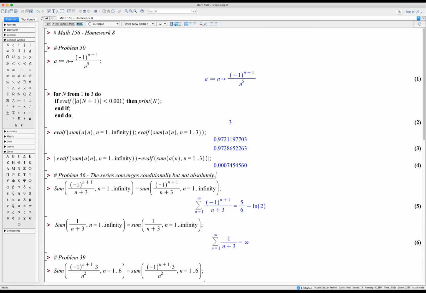Let's see. Now from page 648, I want to do a couple of problems. Sure. So first one will be problem, let's do 66. Okay. 66.